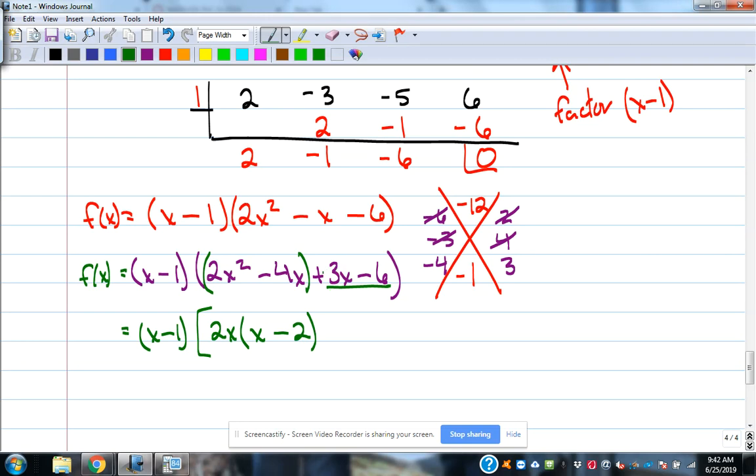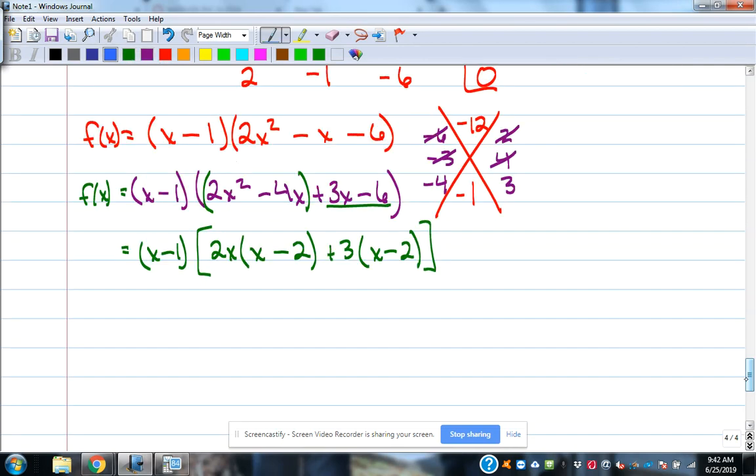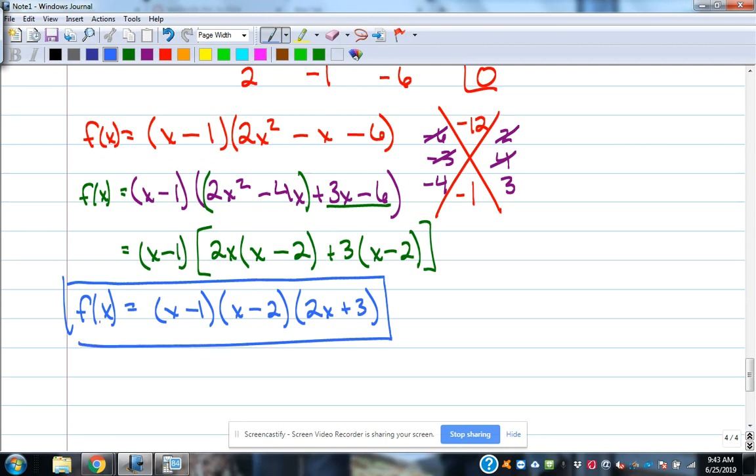And then the GCF of 3x minus 6 would be +3. So that gets us to the factored form, x minus 1. That's the one they told us about. And then we've got the matching piece, the x minus 2. And then we've got 2x plus 3 as the stuff in front, the last factor. That's the factored form.